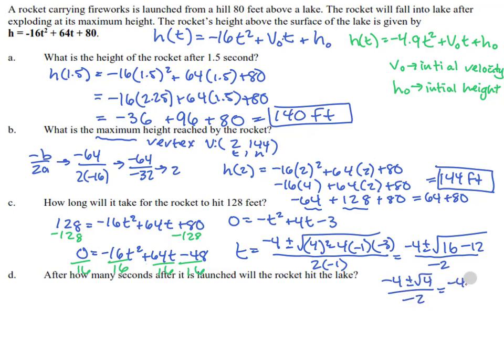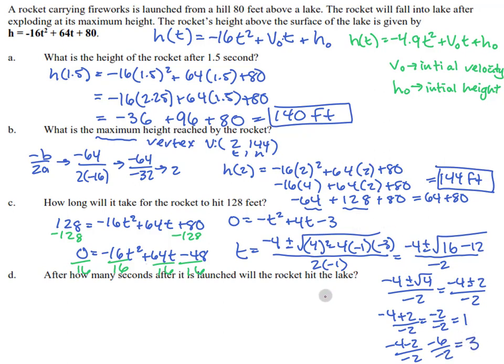So negative 4 plus or minus 2 over negative 2. So we got two cases here. Negative 4 plus 2 over negative 2, and negative 4 minus 2 over negative 2. So this gives us negative 2 over negative 2, which is 1. And the other one gives us negative 6 over negative 2, which is positive 3.